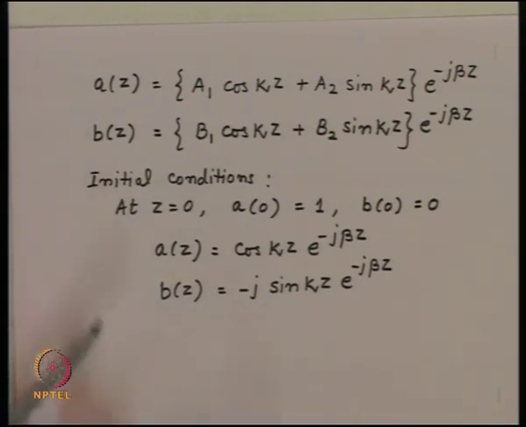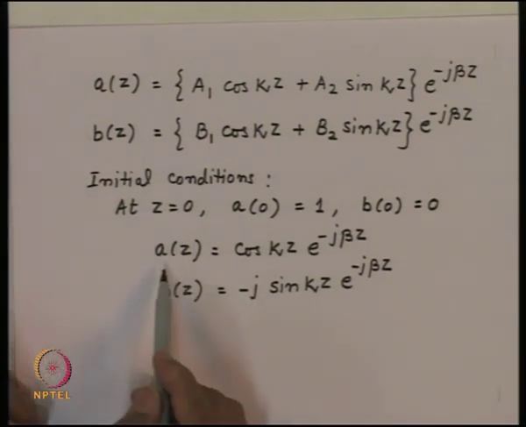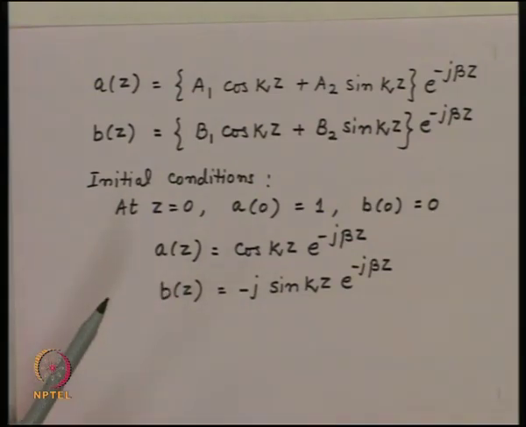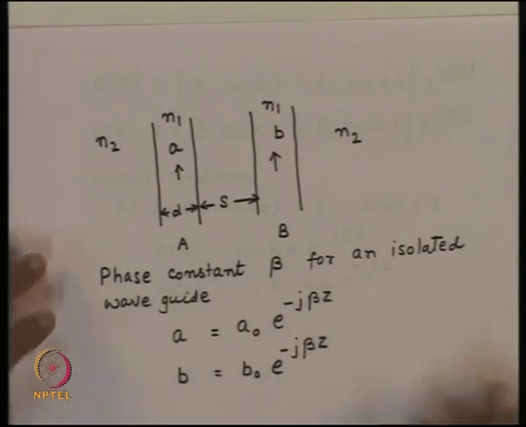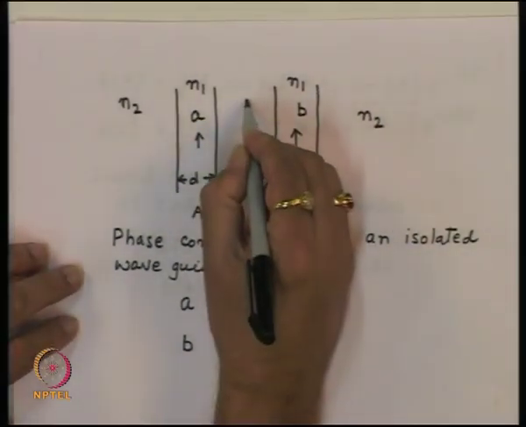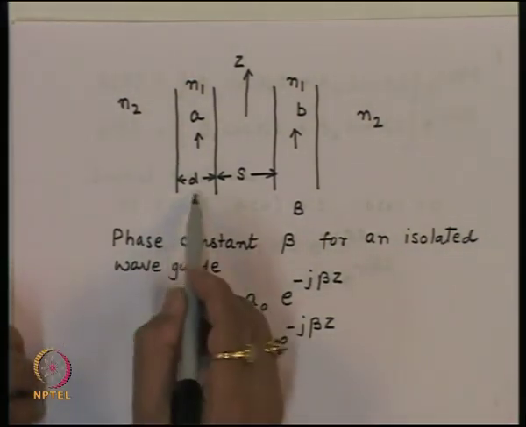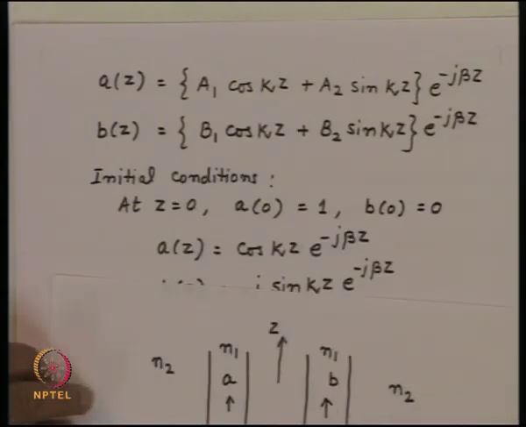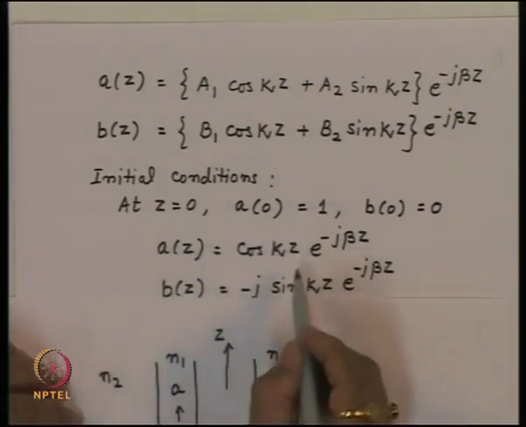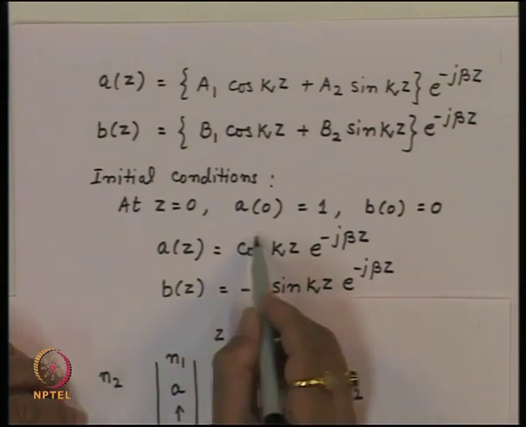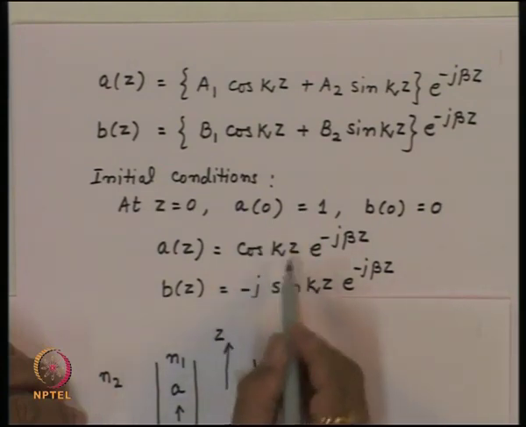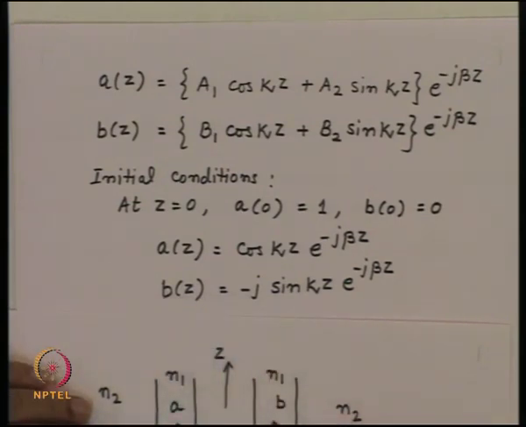So what you see now is that if I consider one of the waveguides, let us say waveguide A, as I move along this waveguide in the z direction, and the z direction is along this, we have a phase variation which is e to the power minus j beta z. So the wave is traveling in this direction with phase constant beta. But what we now find is that the amplitude of this wave has a variation which is cosine of kz. Similarly, the variation of the amplitude on the second waveguide is sine of kz.